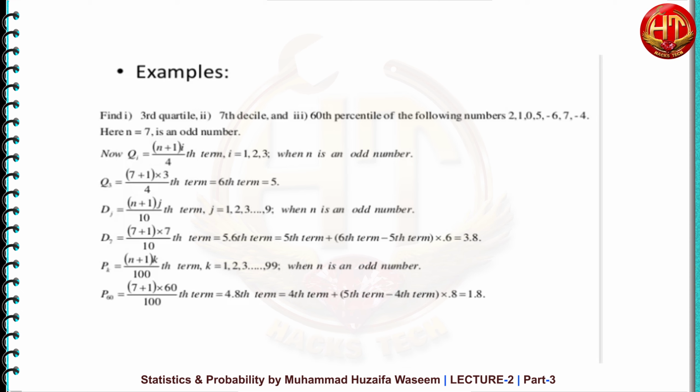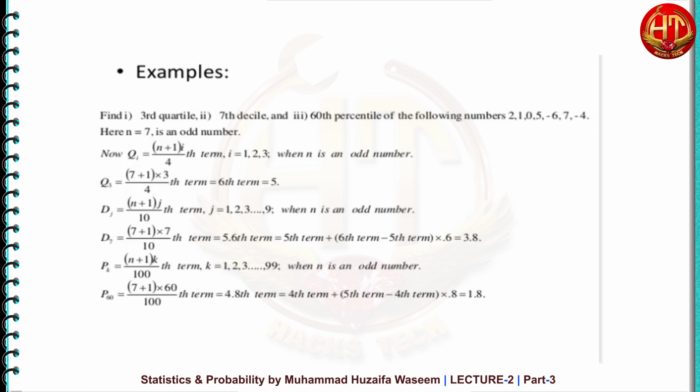Your formula for ungrouped data is Qi equals i(n + 1) divided by 4 th item in the given series, where i is equal to 1 for the first quartile, 2 for the second quartile, and 3 for the third quartile, when n is an odd number.